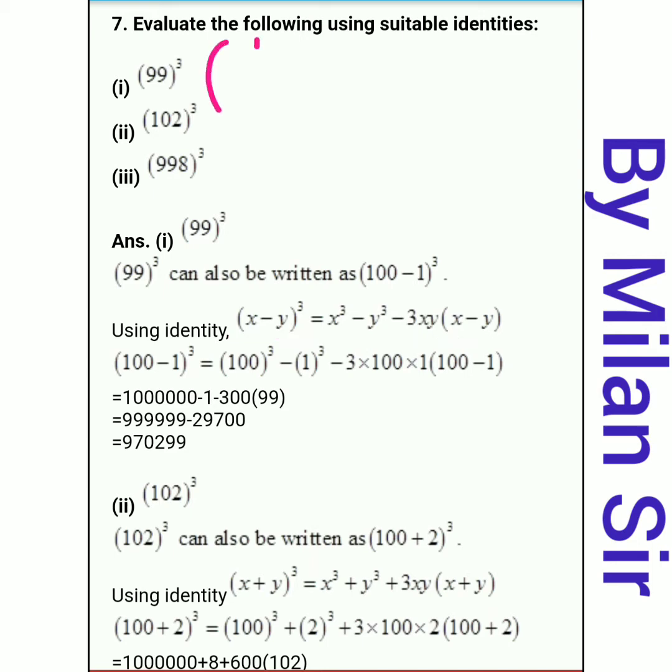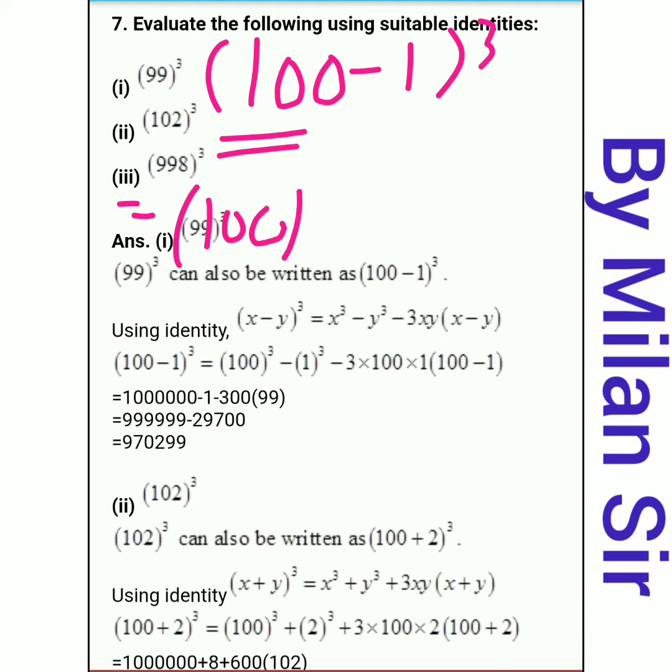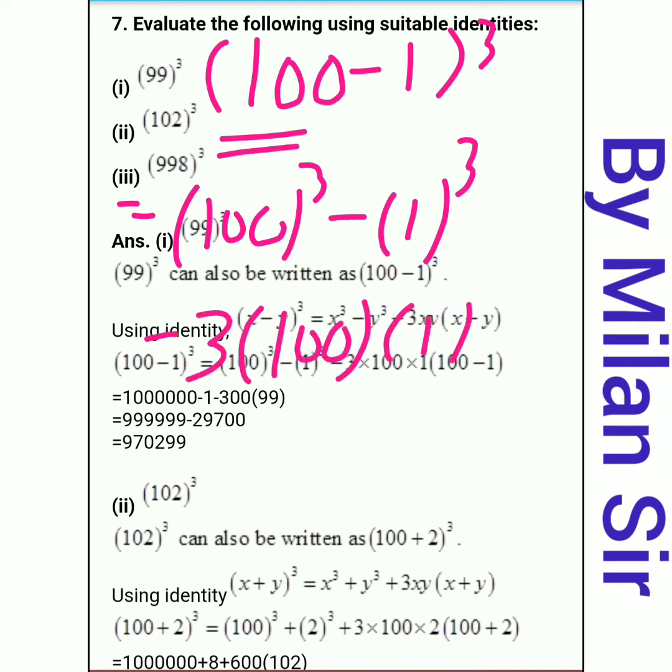So here we have 100 minus 1 all cube: first term cube, so 100 cube, minus second term cube, it is 1 cube, minus 3 multiply first term multiply second term, 3xy, in bracket 100 minus 1.